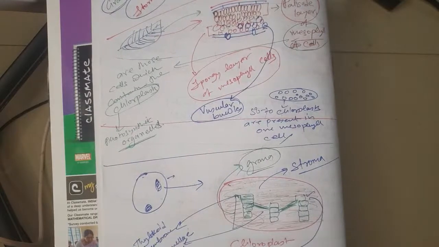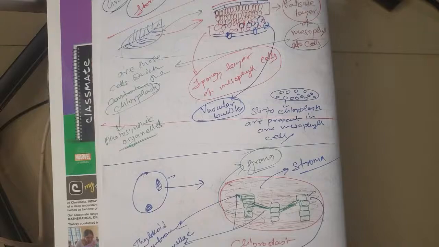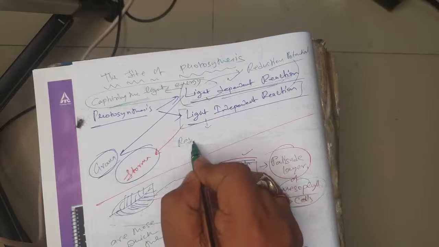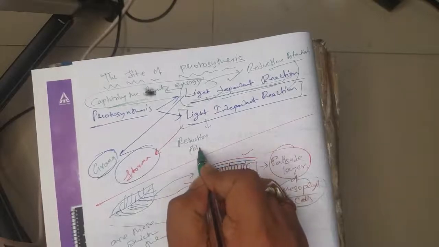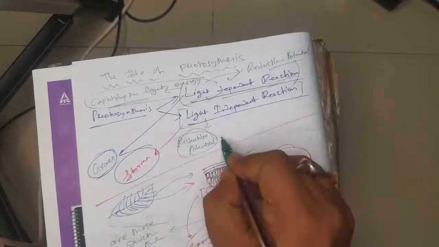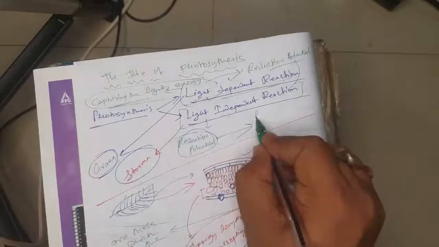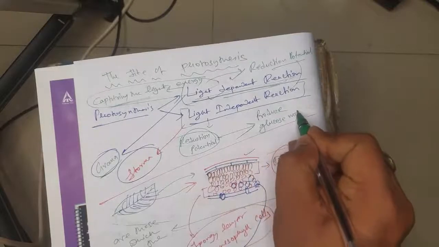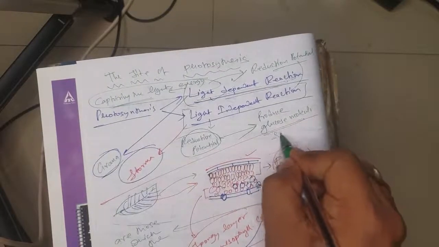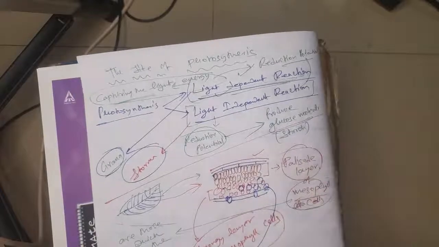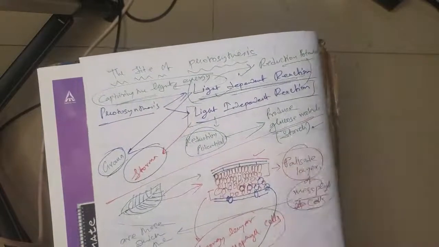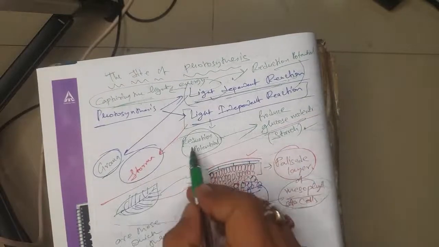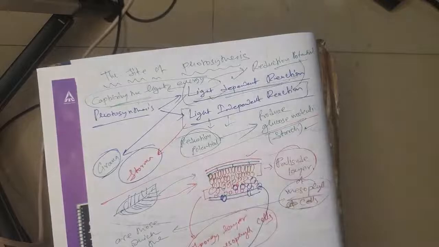Here the reduction potential that has been generated from the light reaction will be used to produce glucose molecules or starch. Many glucose molecules bound together are known as starch. This is the polymeric form, and glucose is the monomeric form that you know. So the reduction potential will be used, and that is the light independent reaction.